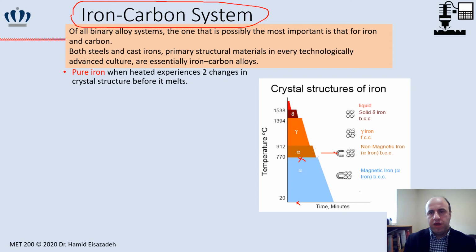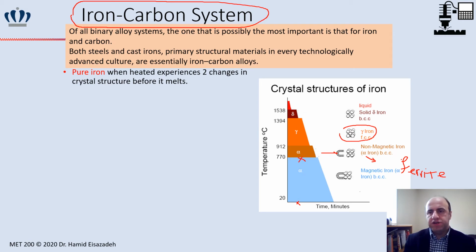After 912, it transforms to gamma. Remember, this is gamma, or FCC. We call alpha iron, or ferrite. I explain their properties in this slide one by one.